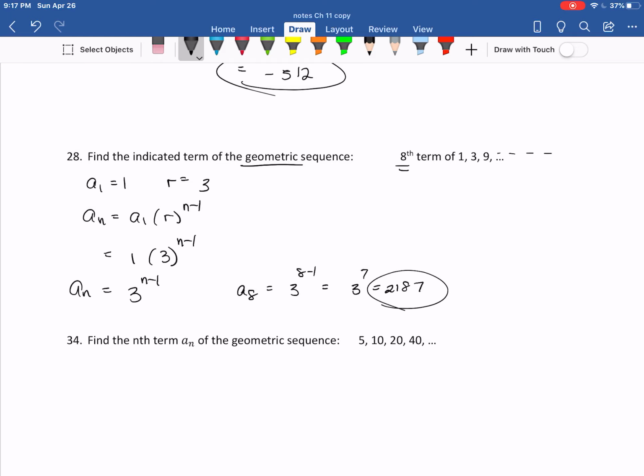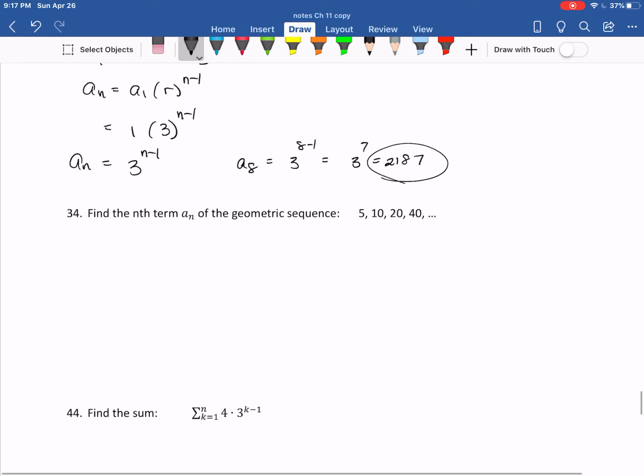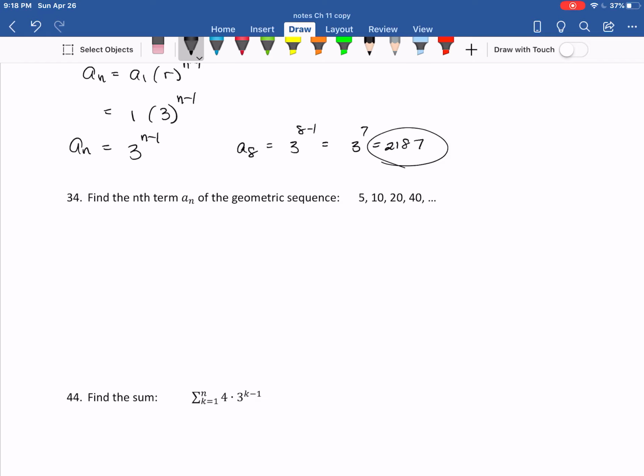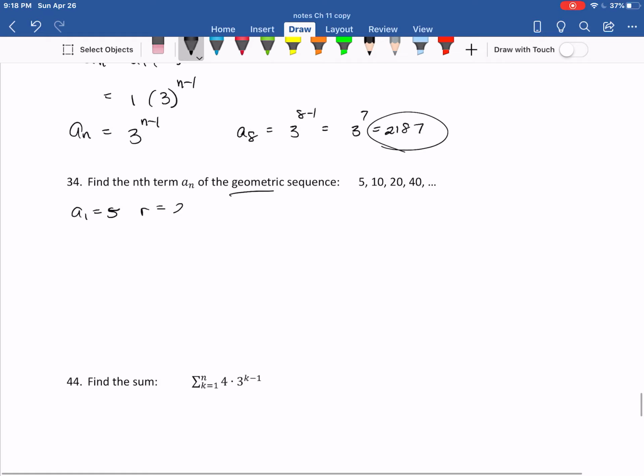Number 34, find the nth term of this geometric sequence. You're told that the first term equals 5. And since it's geometric, we know that we're multiplying by a common ratio to get from one term to the next. 5 times 2 equals 10. 10 times 2 equals 20. Keep multiplying by 2. The common ratio is 2.